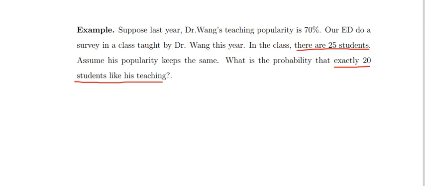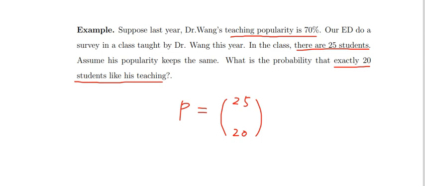So we choose 20 from 25. What is the probability for like? Suppose my teaching popularity is 70%, so 70% of people will like my teaching.